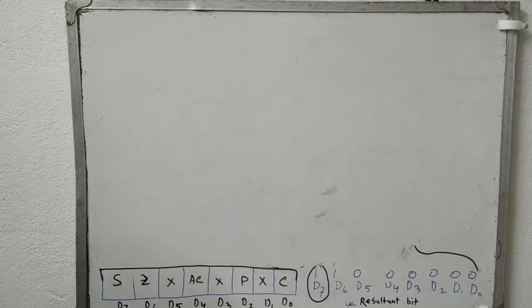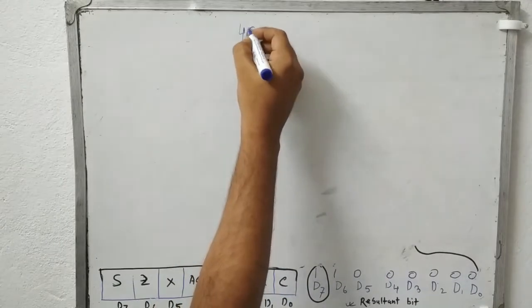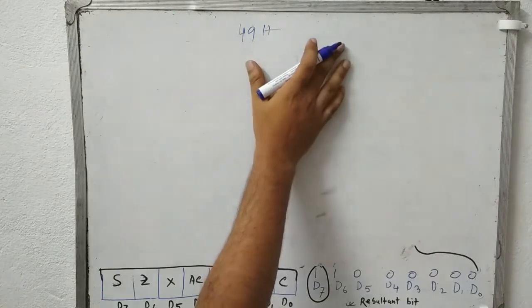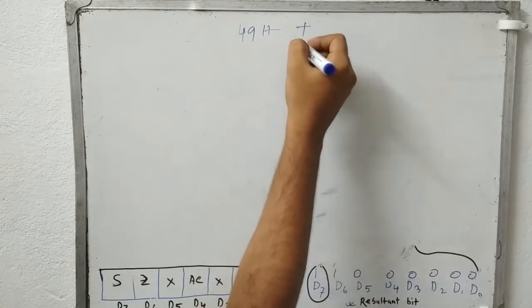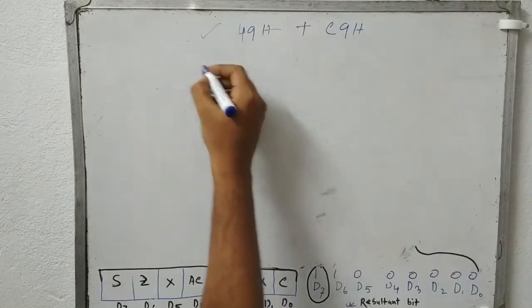Our first number is 49H, and our second number is C9H, which we want to add.